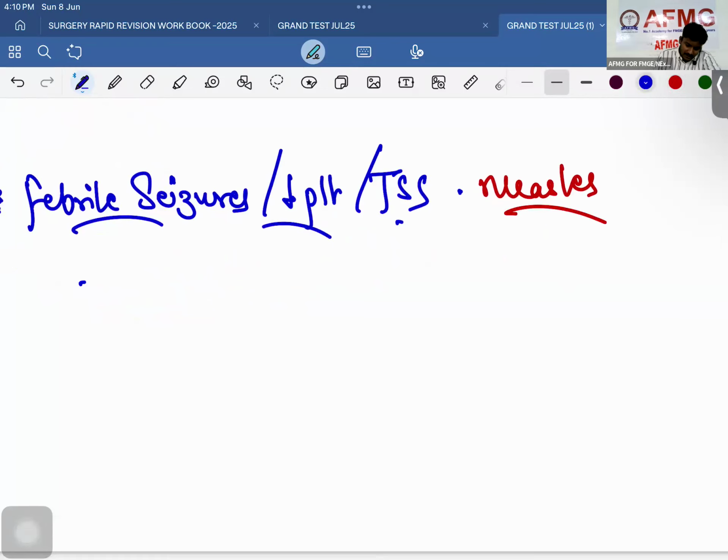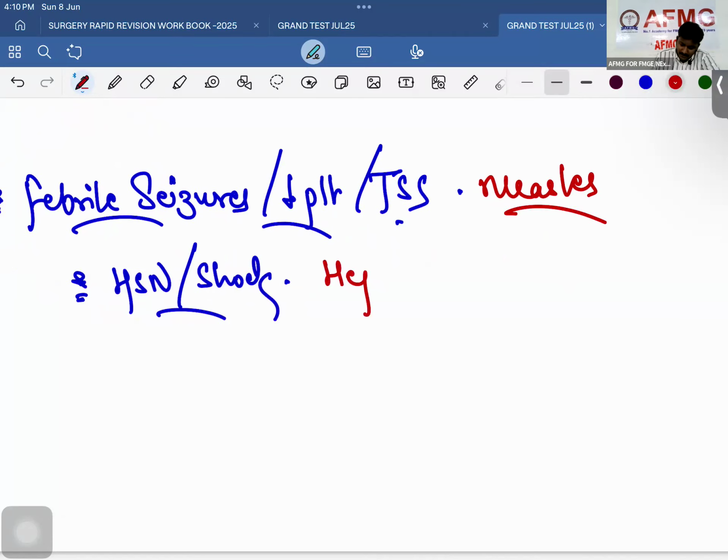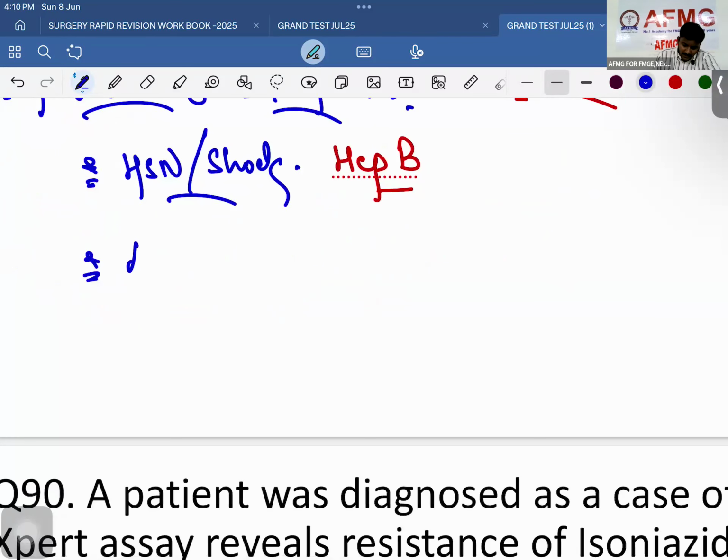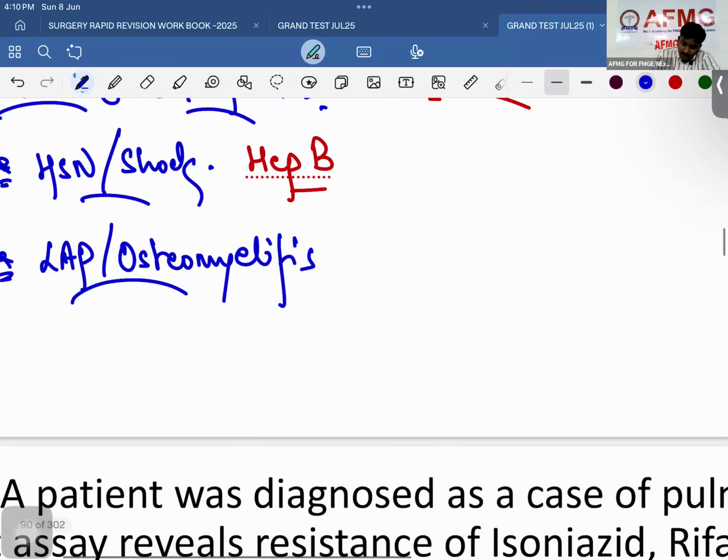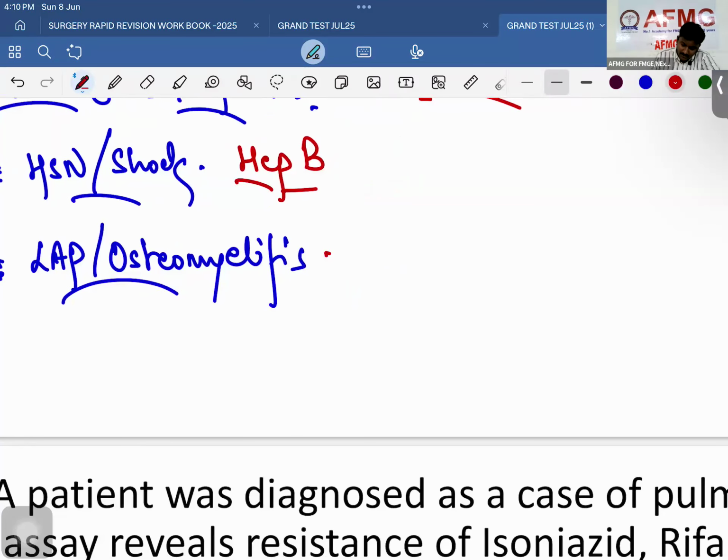Next important, hypersensitivity and shock. Hypersensitivity and shock are associated with hepatitis B. Lymphadenopathy and osteomyelitis: which infection involves bone and lymph nodes? Yes, BCG therefore. Okay, it is TB, so lymphadenopathy and osteomyelitis is BCG.